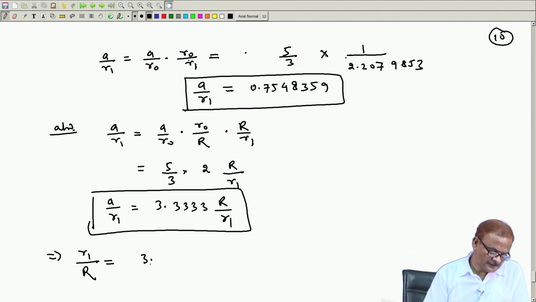So, R 1 by R then will be equal to, we are looking for this value, this is okay, 3.3333, R 1 by A.